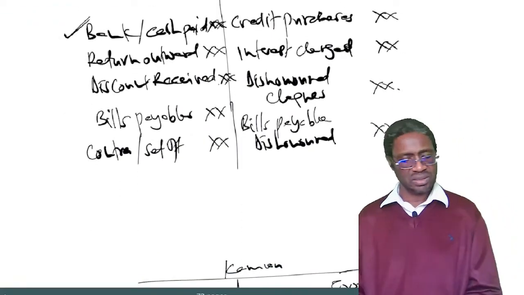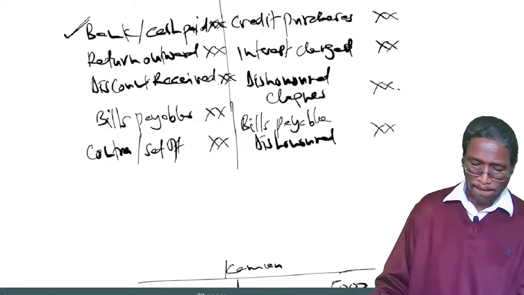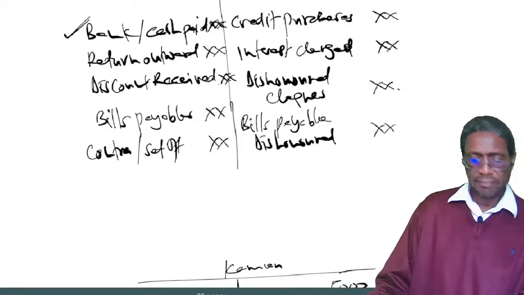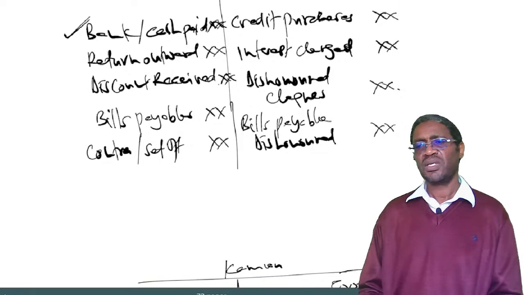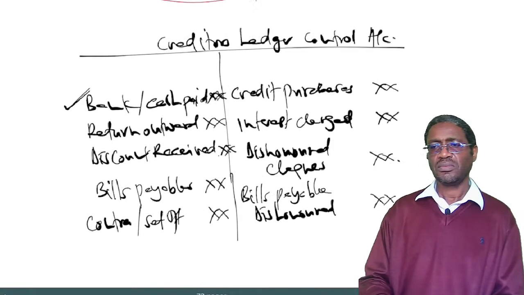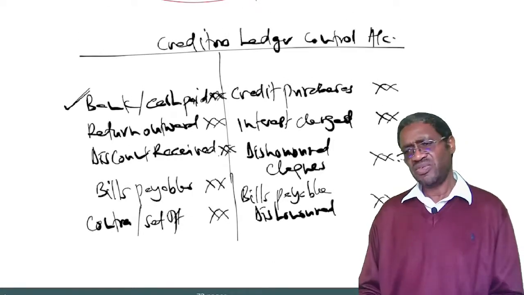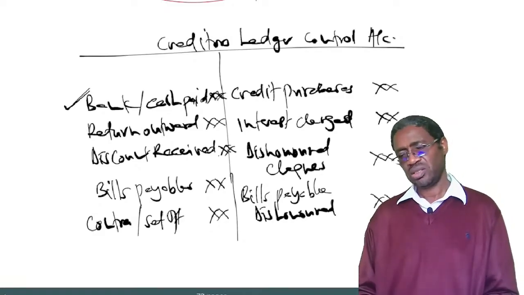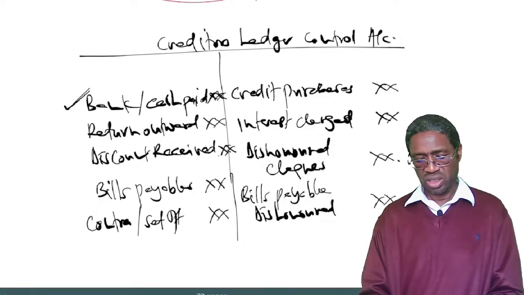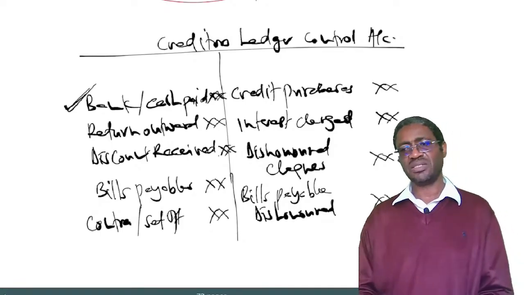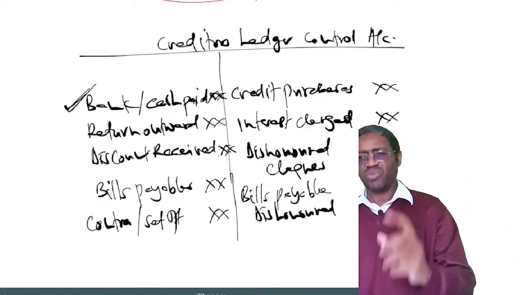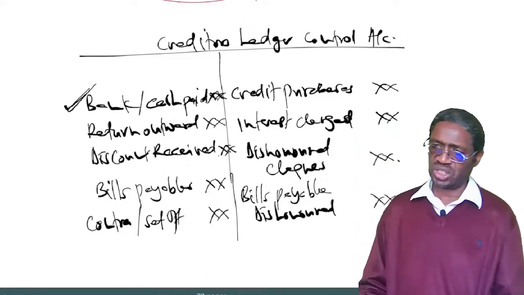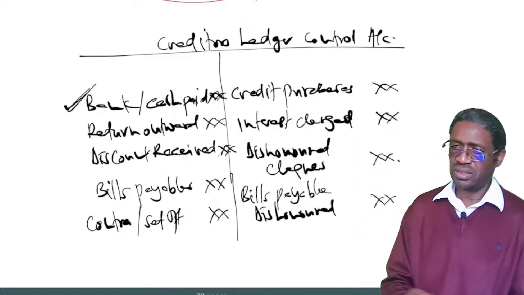Listen again. You paid Wekesa by check or by cash. Listen, you repaid Wekesa 5,000 by cash, and you debited.